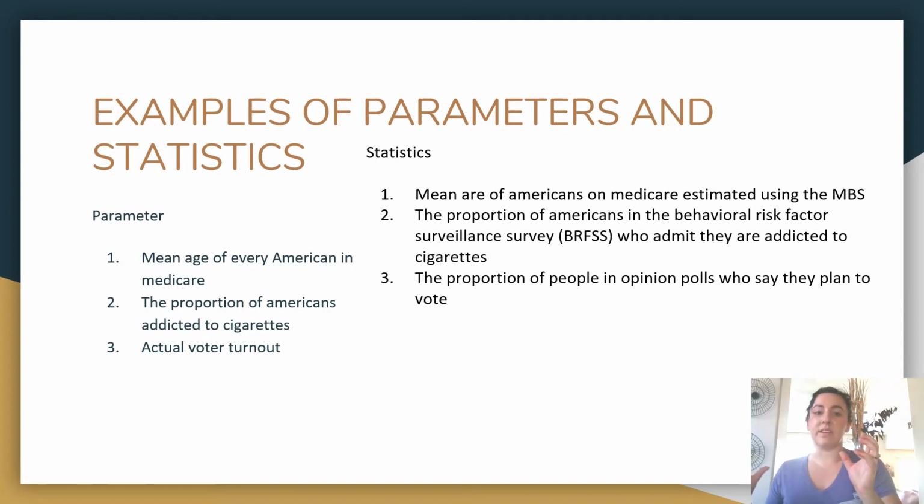Versus number 3 on the statistics end: the proportion of people in opinion polls who say they plan to vote. So this is just a sample. It isn't even during the actual election. This is just a sample of people who say they are going to vote, so it's not the entire population. Does that make sense?